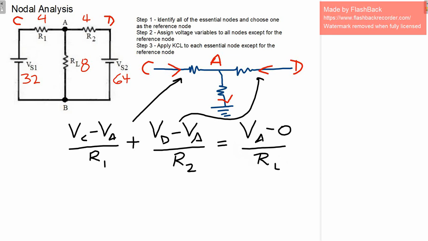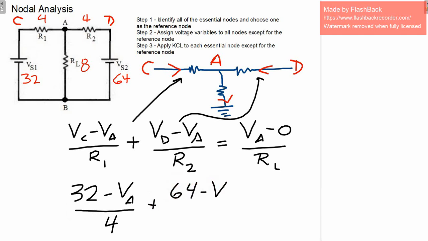If you remember from algebra, this is a rational equation, and we need to solve it. We know what VC is. It's actually 32 volts, so I'm going to put that in. We know that R1 is 4 ohms. I don't know what VA is yet. I do know VD is 64 volts, and I know that R2 is 4 ohms.